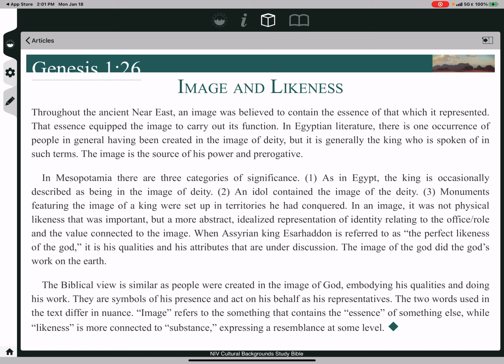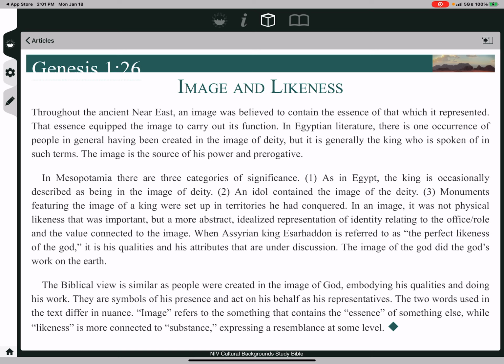Throughout the ancient Near East, an image was believed to contain the essence of that which it represented. That essence equipped the image to carry out its function. In Egyptian literature, there is one occurrence of people in general having been created in the image of a deity, but it is generally the king who is spoken of in such terms.